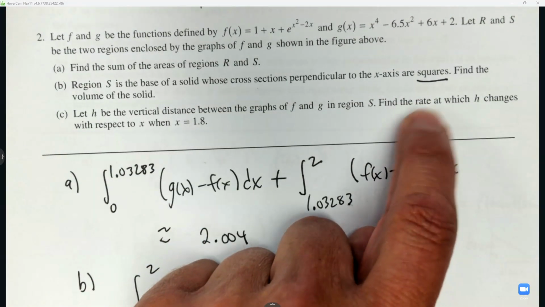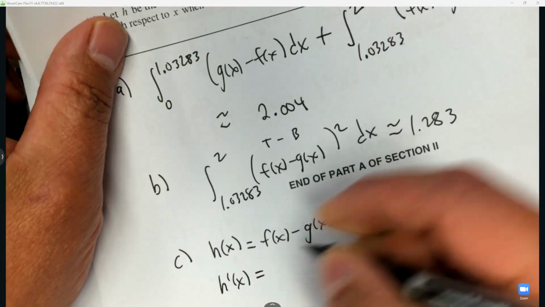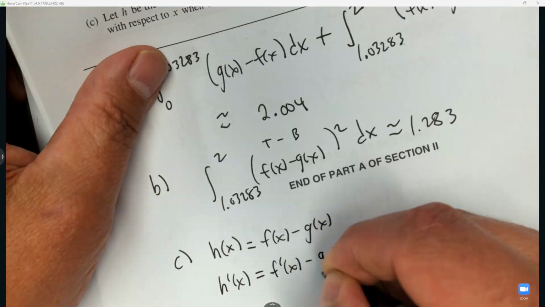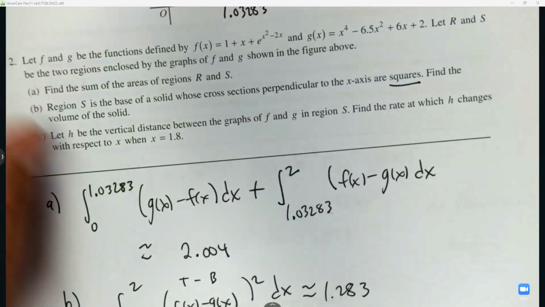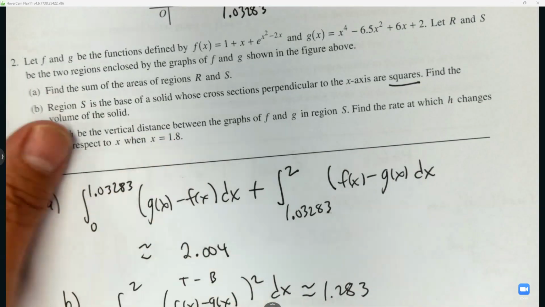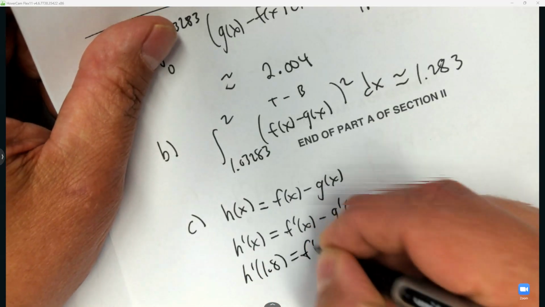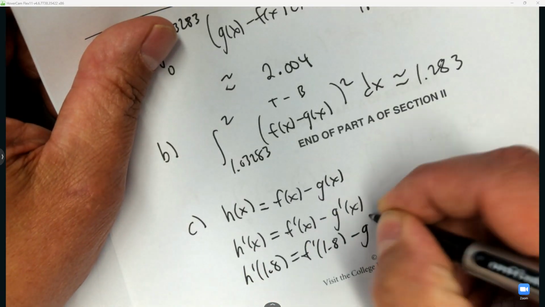Then it says find the rate. That's a derivative question. So we're going to take the derivative of this. Then it says find the rate with respect to x, not time, at 1.8. And then use your calculator.